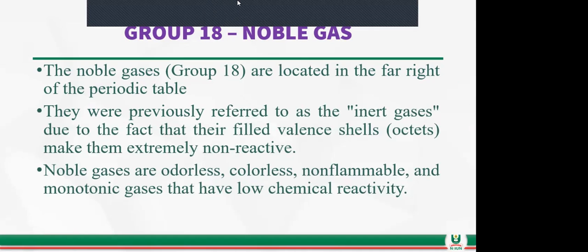They were previously referred to as inert gases. Why? This is due to the fact that their filled valence shell octets make them extremely non-reactive. Remember, when we started with the main group elements, we said every element tends to obey the octet rule, apart from helium and hydrogen, which follow the duplet rule.